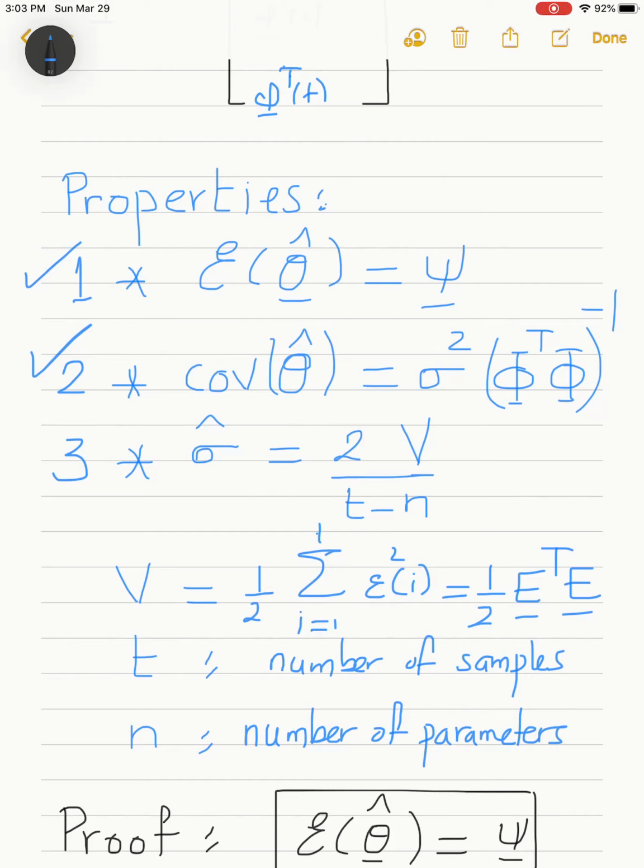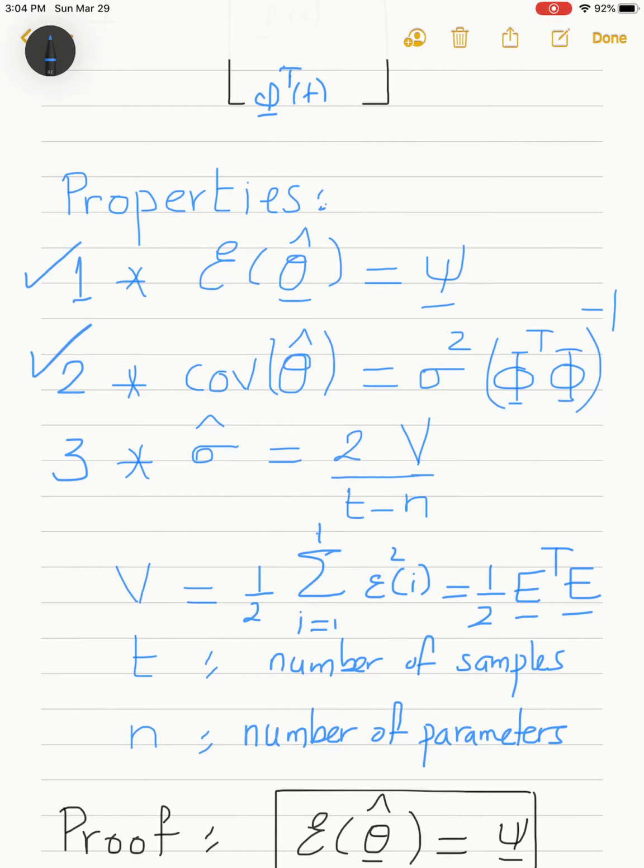So here, for example, the expected value of the estimated parameter would be just equal the true value. The covariance of the estimated parameter will be equal to sigma squared, where sigma is the standard deviation of the error or the noise signal, times phi transpose phi inverse, with phi as defined before, the matrix composed of the known functions.